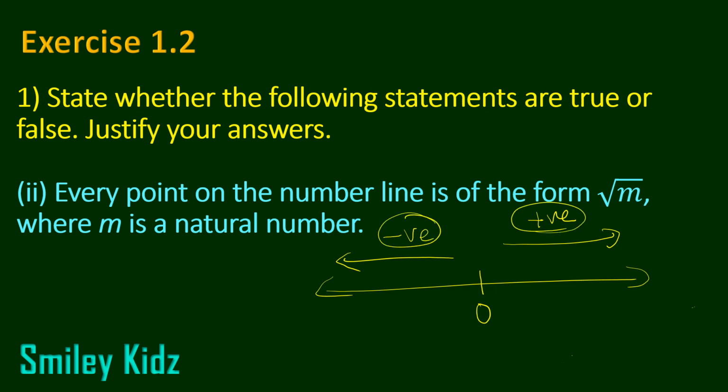Here in the question, they said root m, where m is a natural number. We know that natural numbers only consist of the positive numbers which start from 1. They don't consist of the negative numbers. Whereas on the number line we also have the negative numbers, right? So every point cannot be root m of a natural number.